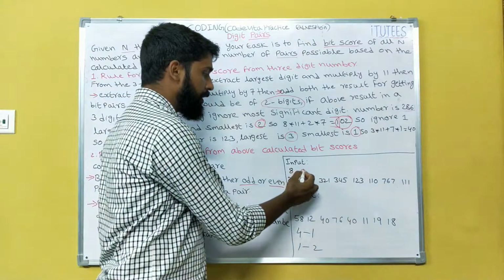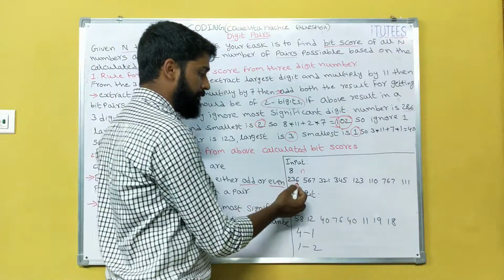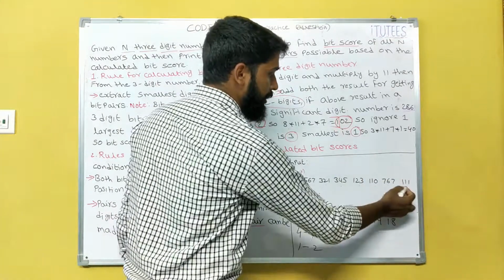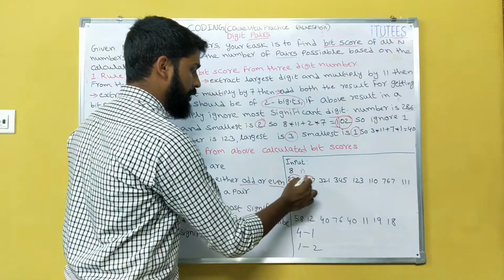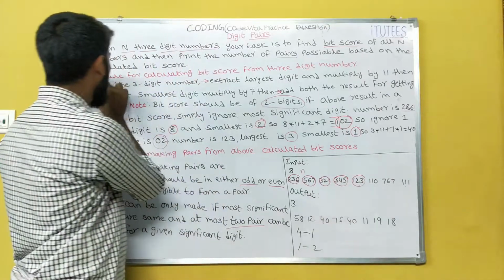They are giving n numbers. Here n equals 8. So n values are 8 3-digit numbers. For all these numbers, you are going to find the bit score. That is rule 1.